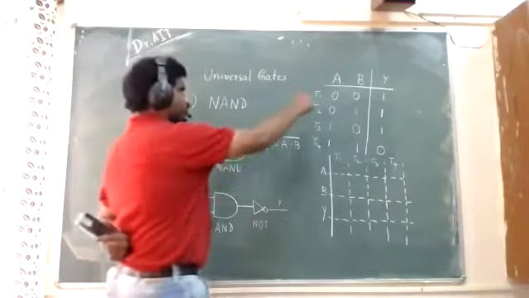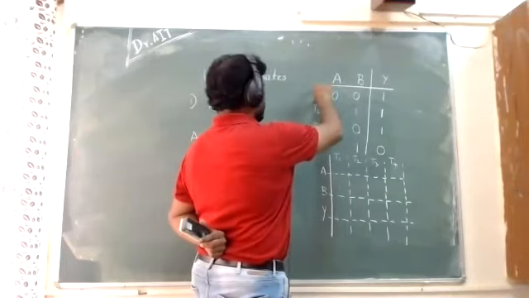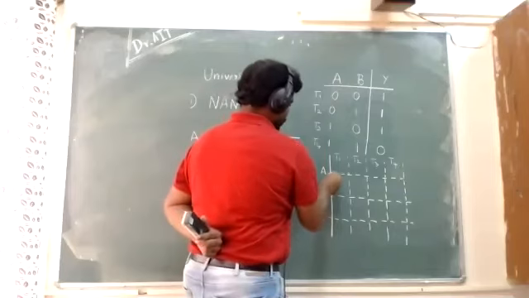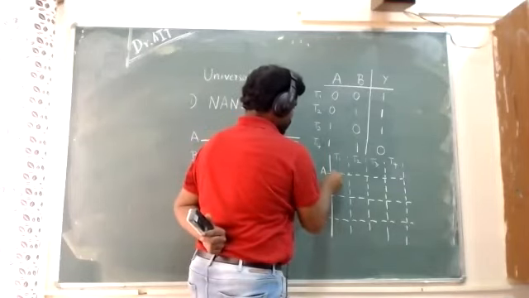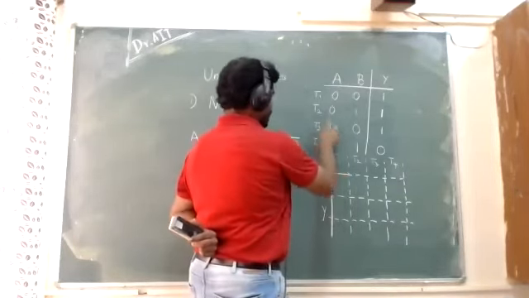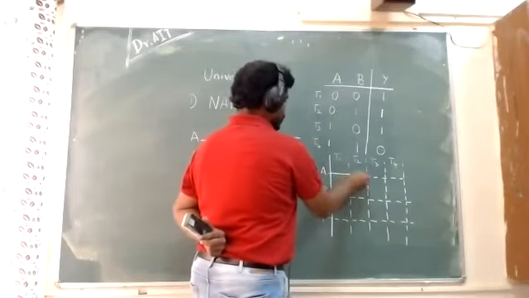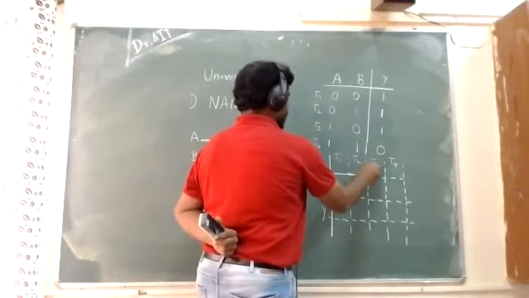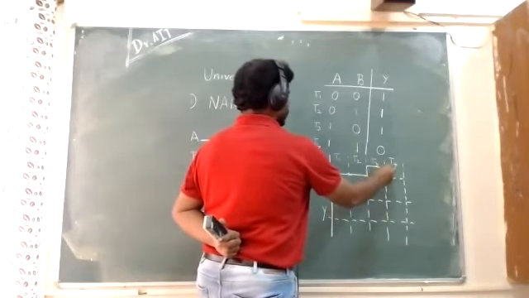And according to the truth table, for time period T1, A is equal to 0, and for the next cycle also, A is equal to 0. In the next cycle, A is equal to 1, and in the next cycle, A is equal to 1.